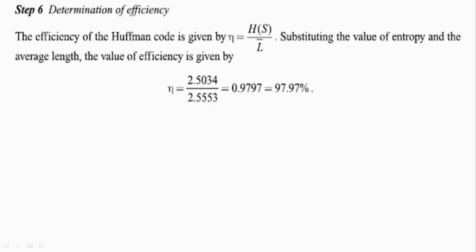That is the Huffman coding. We get image compression, and we can reduce the coding redundancy, because here we are assigning fewer bits to the highest probability symbols.